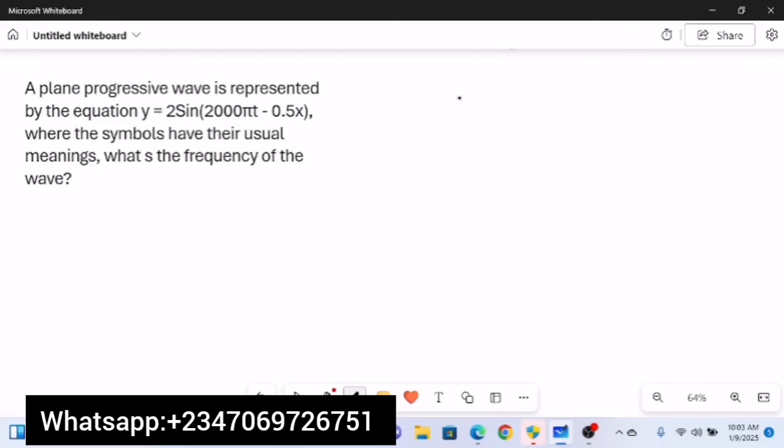So let's get down the equation given to us. We are given that y is equal to 2 sine (2000 pi t minus 0.5x), and we are asked to find frequency.